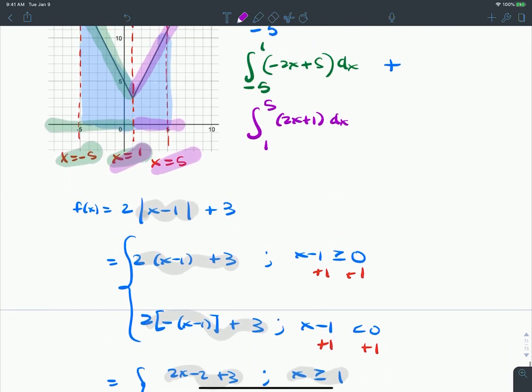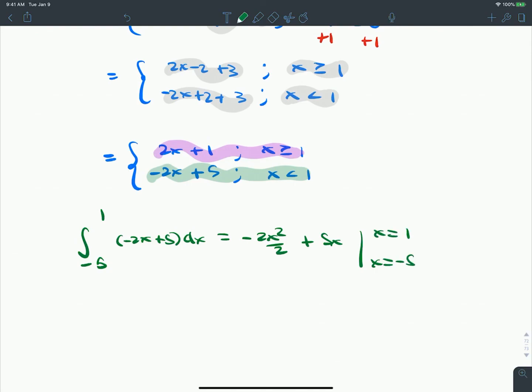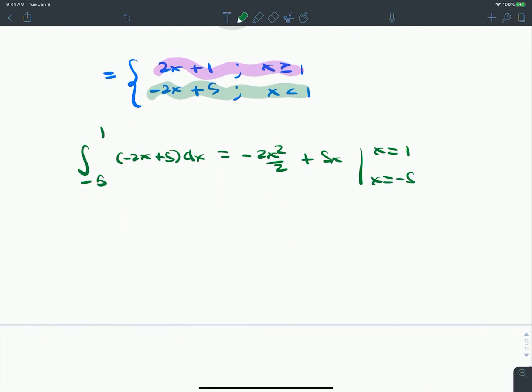Okay, so let's do this work in green here. So we have to go from negative 5 to 1, negative 2x plus 5 dx, which is negative 2x squared over 2 plus 5x, x is negative 5 to 1. So we'll get negative x squared plus 5x, x is negative 5 to x is 1.